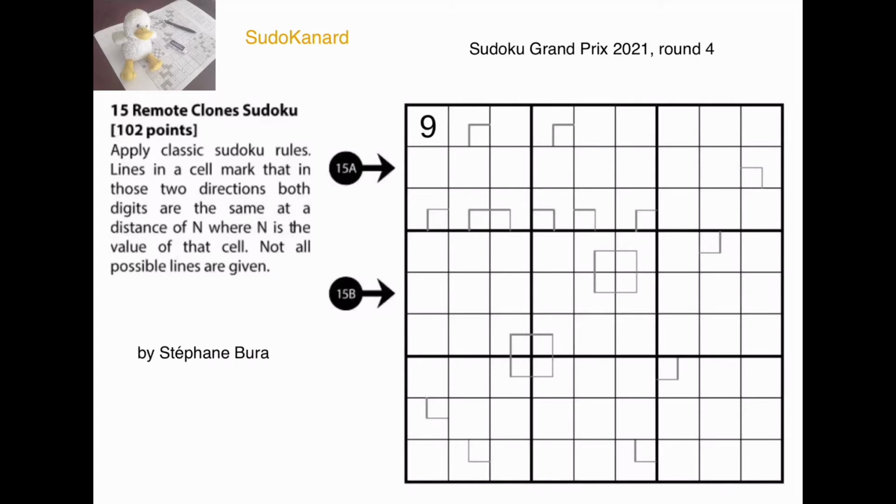How do we solve such a puzzle? Well, I think the first important constraint is to see what the maximum distances are in both directions pointed by the corner symbol, and necessarily the number here must be at most both distances.